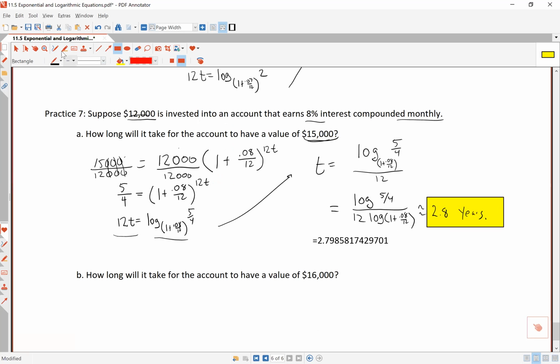The next problem, we want to figure out how long it takes to grow to 16,000. So we want 16,000 to result after 12,000 is increased at 8% monthly.